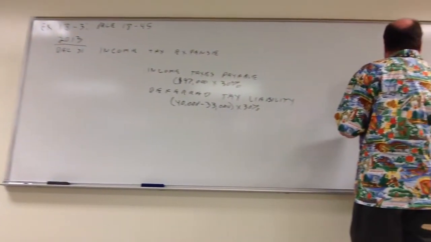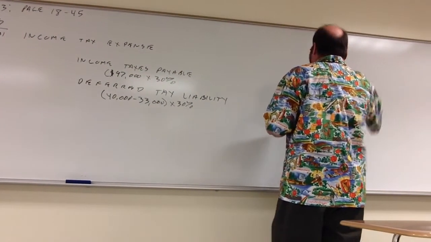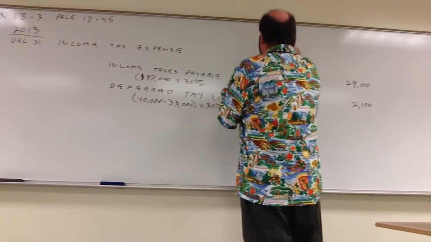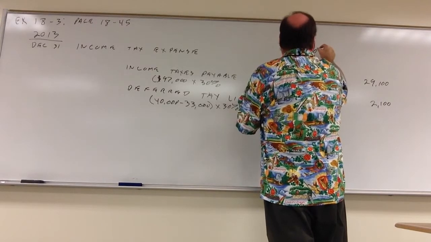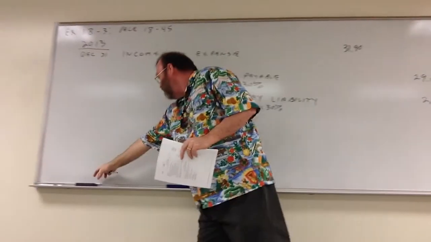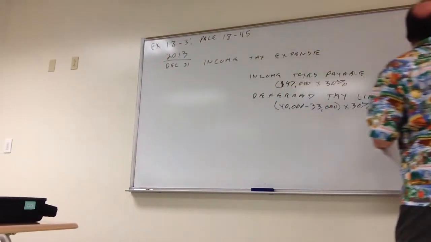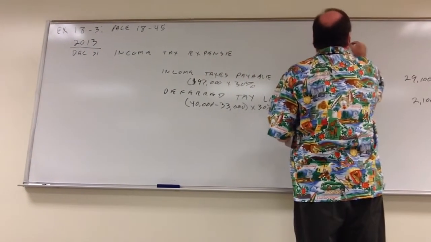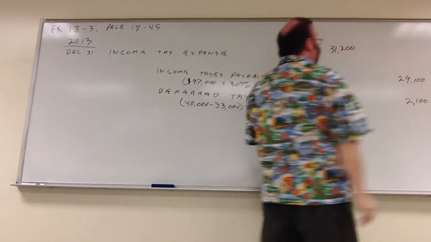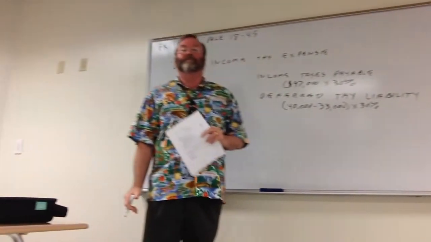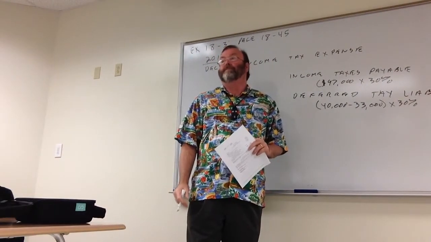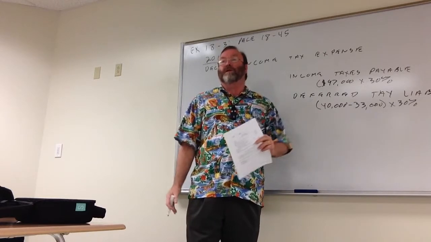That's $2,100. Add those two numbers together and you get $31,200 as your total income tax expense. That's all there is to it.